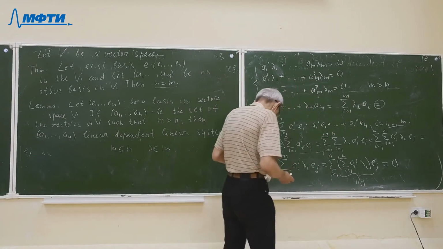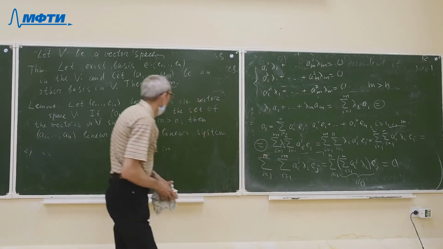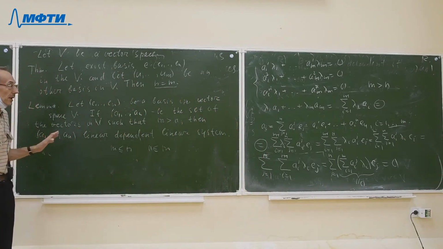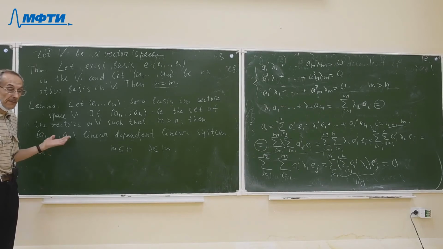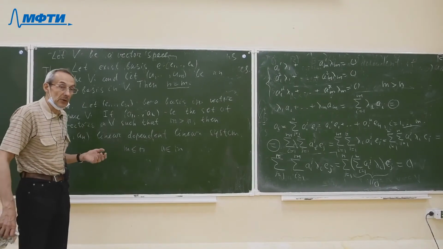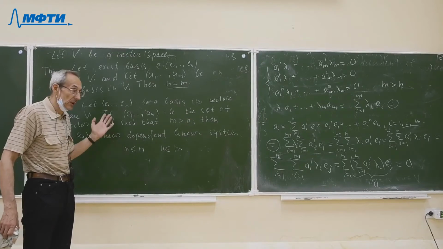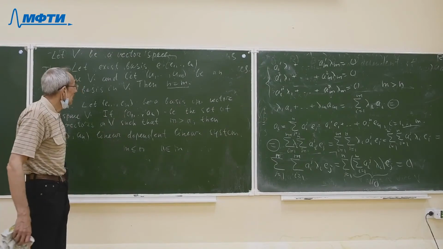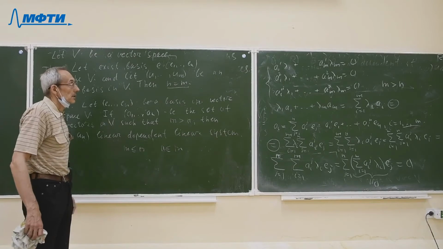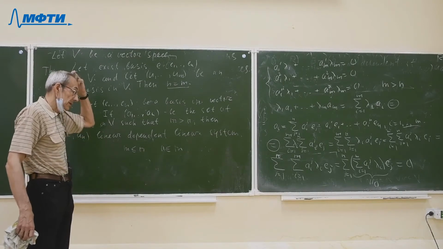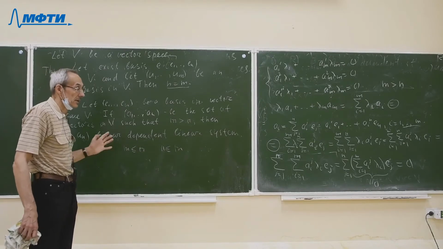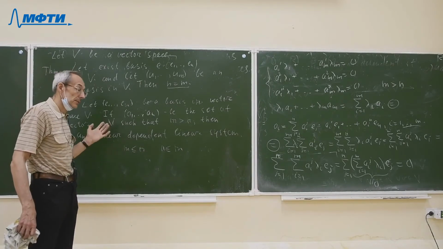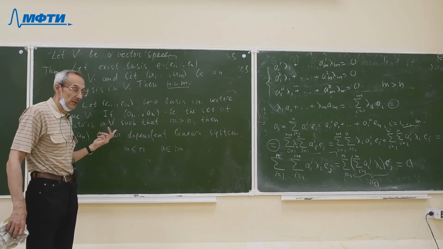Okay, and we obtain that the number of elements of any basis is equal, and this number is called the dimension of the vector space. It is an invariant of the vector space, the dimension. In the last semester, we proved that the number of elements of any basis in our geometrical vector space is equal to 3.